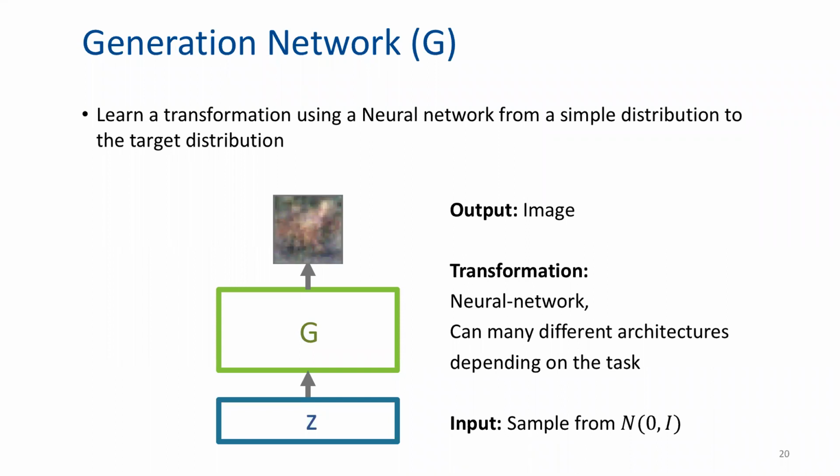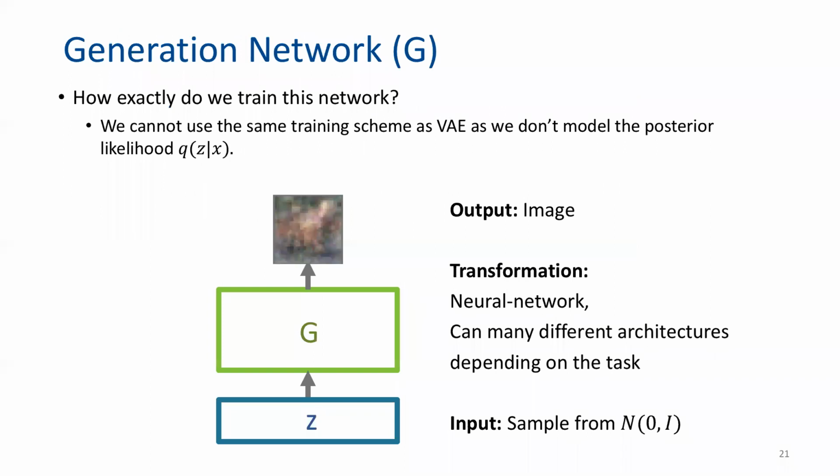Okay, so the generation network learns the transformation from some Z to the target distribution. We're not trying to model a posterior likelihood. So one advantage that we have now is that we're only trying to generate individual samples, and in fact, we can do it deterministically.